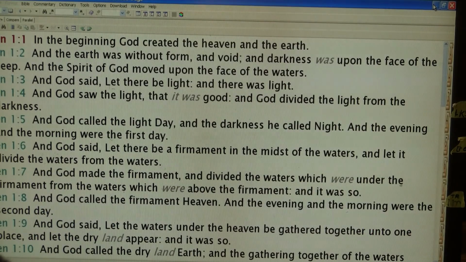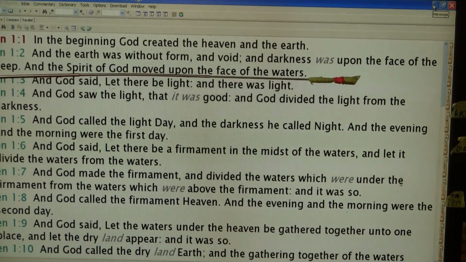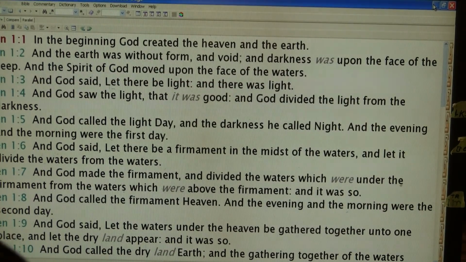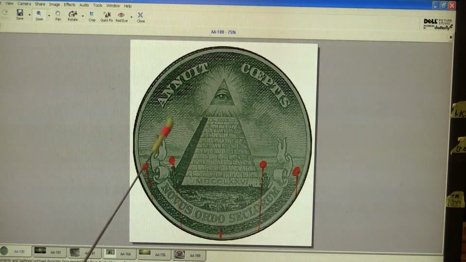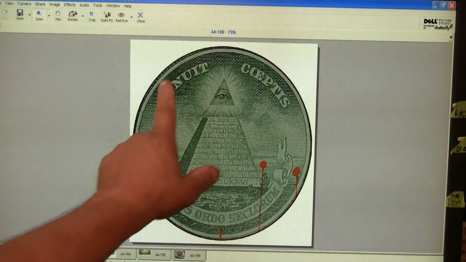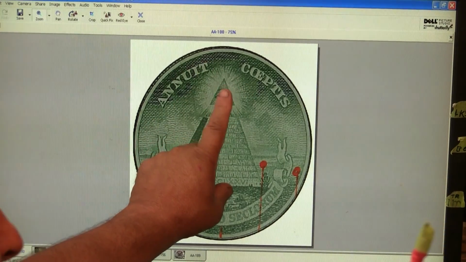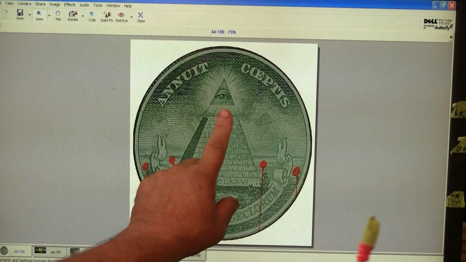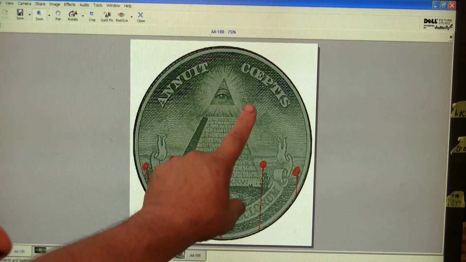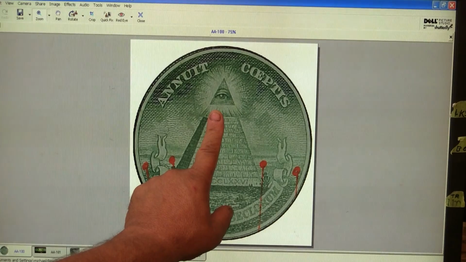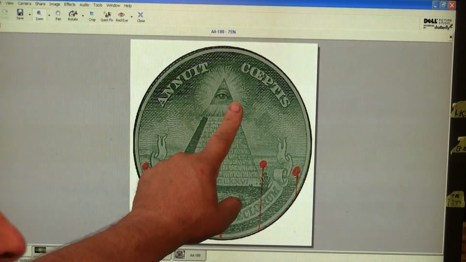Now moving back to Genesis 2, and the Spirit of God moved upon the face of the waters. Now we get into pictography. The Spirit of the Lord God. If the Lord God is represented as the all-seeing eye, which I say is a portal from heaven and the light of the Lord God itself, and His Spirit is represented as light, then this is the Spirit of the Lord.